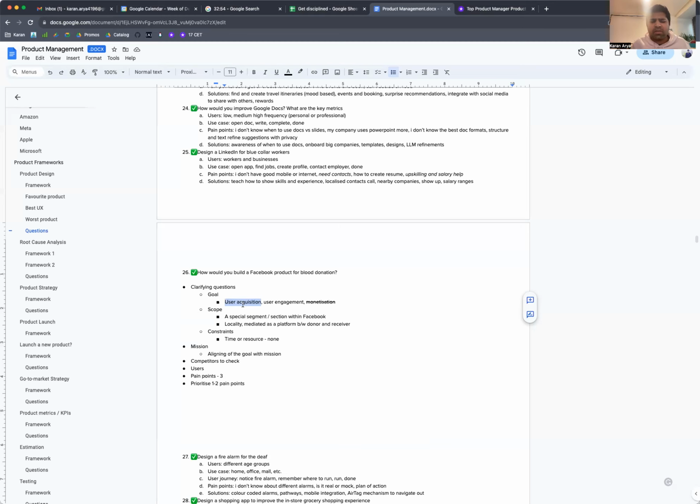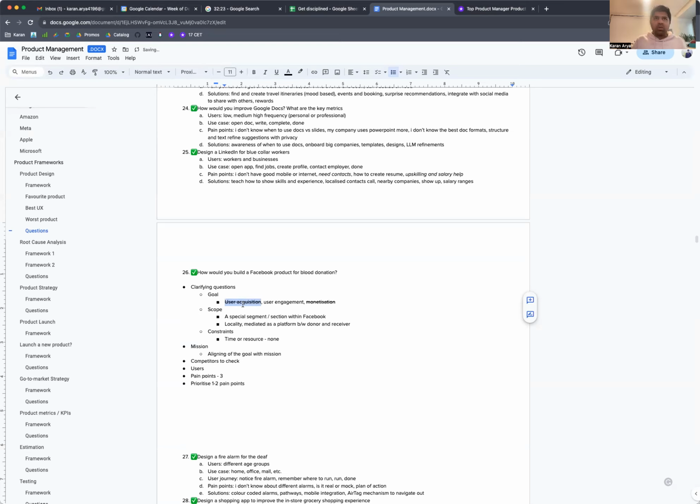And I specifically feel that this feature of a blood donation product within Facebook is not necessarily going to create or attract new users on the platform. There are many other value proposition features within the Facebook product to attract new users. This would just be a cherry on the cake, but not necessarily the meat. It's not the main value proposition that Facebook offers.